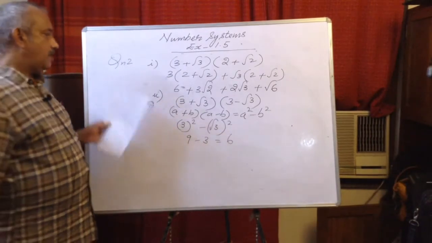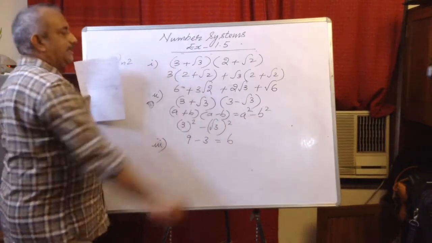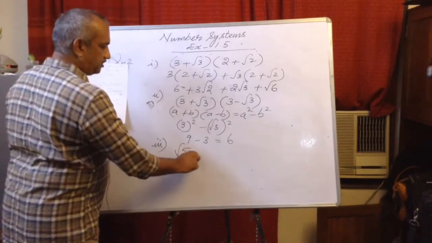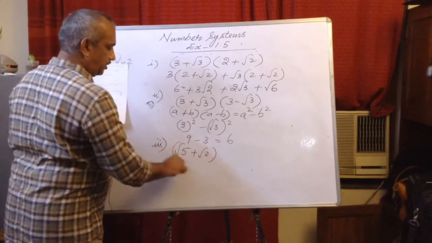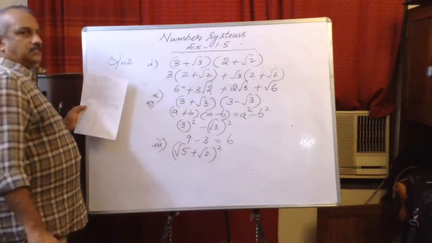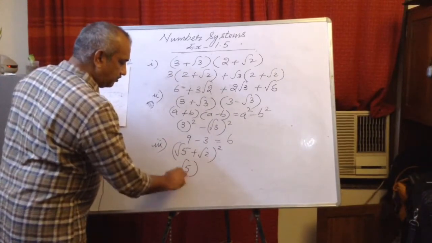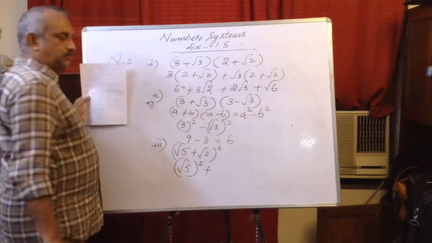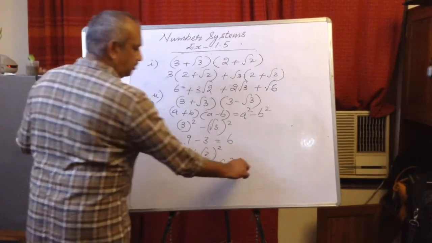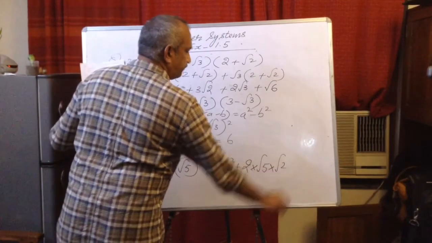Next one, simple only, direct application of the identity. Third one is root 5 plus root 2 the whole square. So it is in the form of the first identity: square of the first term, root 5 the whole square, plus square of the second term, root 2 the whole square, plus 2 into root 5 into root 2.